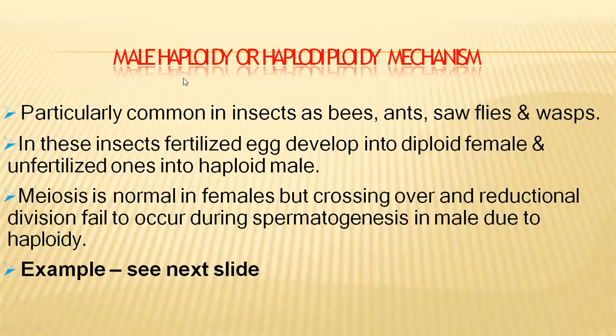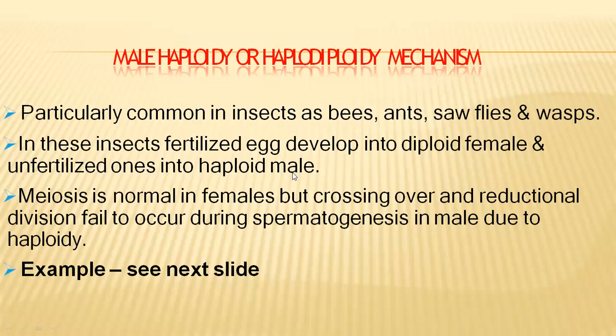And the third mechanism is male haploidy or haplodiploidy mechanism. This can also be seen in some insects like bees, ants, sawflies, and wasps. In these organisms, if the eggs are fertilized, they will develop into diploid females. If the eggs are not fertilized, those unfertilized eggs are haploid and they will develop into males.